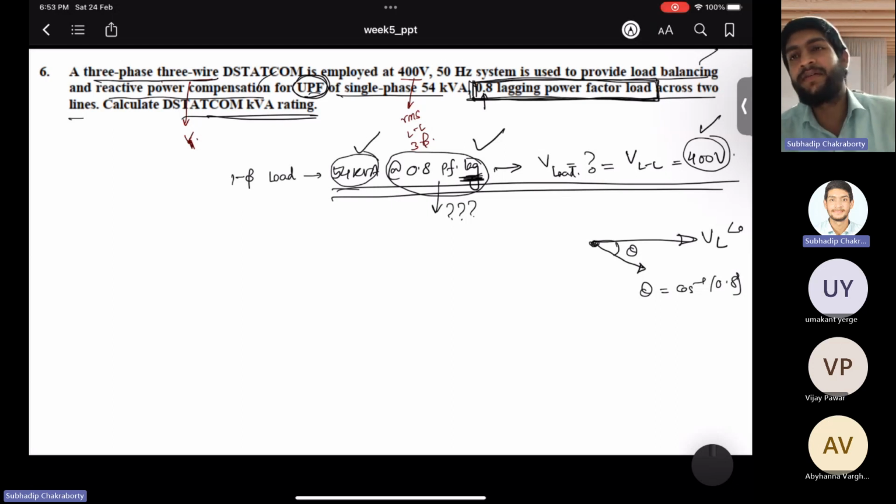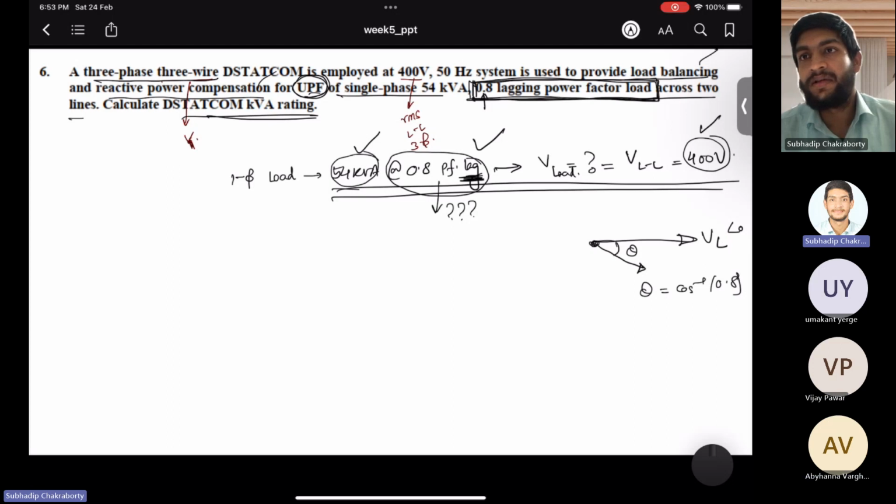So one question I need to ask you: is the DSTATCOM injecting any active power? Sorry, not active power, reactive power.